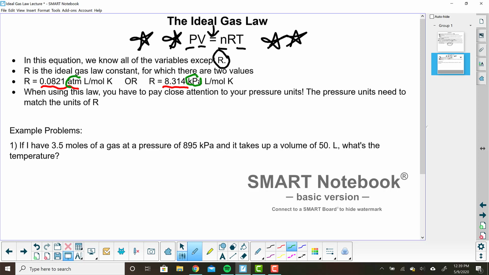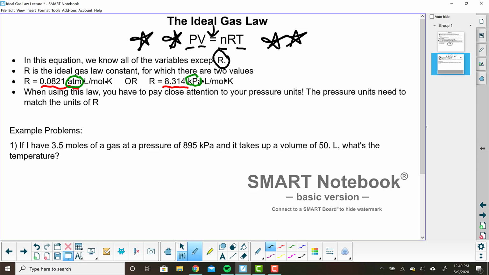Their units. If you look, we have all of the units from all of these variables: atm, kPa, those are pressure units. Then we have liters, so kPa or atmosphere times liters, so that's our volume component, divided by moles, which is the unit for n, and K, the unit for temperature. So we have this whole unit that's one giant monster unit of all four of those variables that we talked about last week.